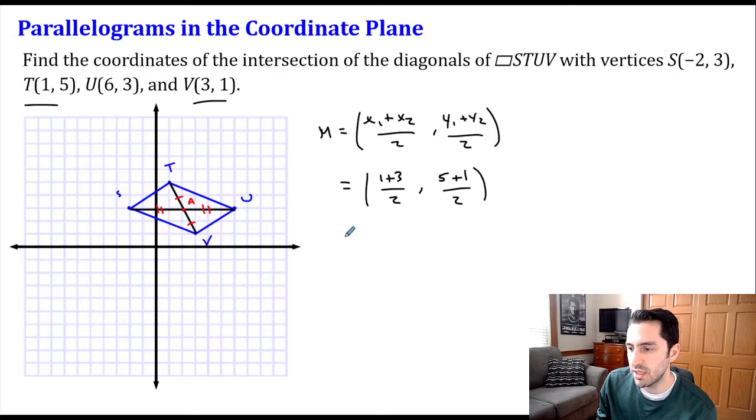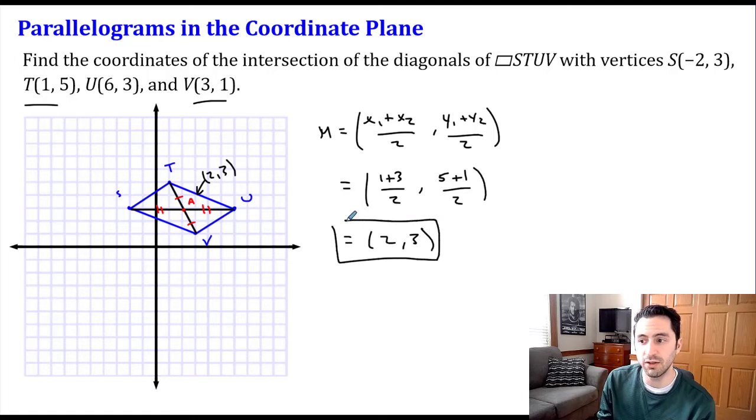So 1 and 3 together, we get 4 divided by 2 is 2. 5 and 1 is 6 divided by 2, and we get 3. So this point A, this should be the point (2, 3). So if we count that out, 1, 2, 1, 2, 3, and that looks like we are correct. So the midpoint of one of those diagonals is the intersection of both the diagonals in a parallelogram.